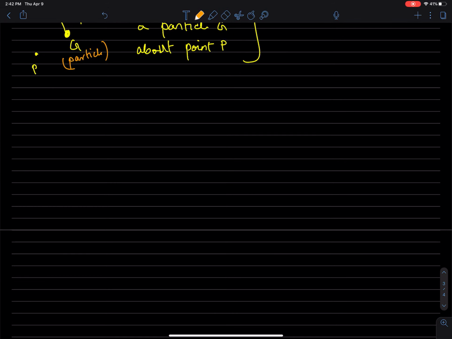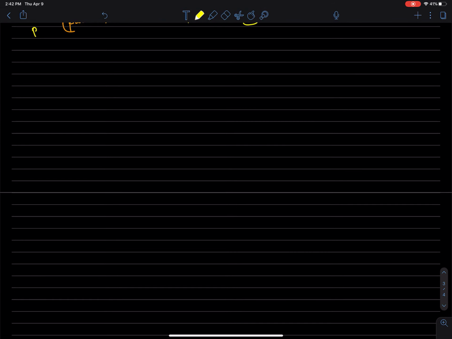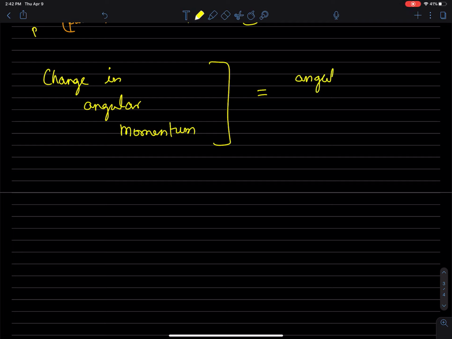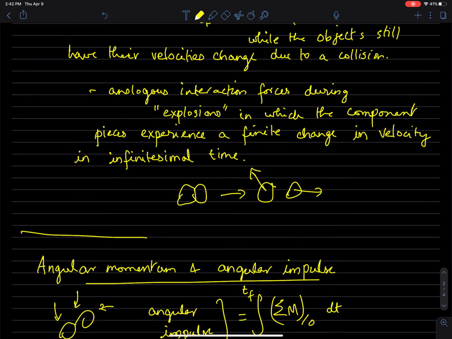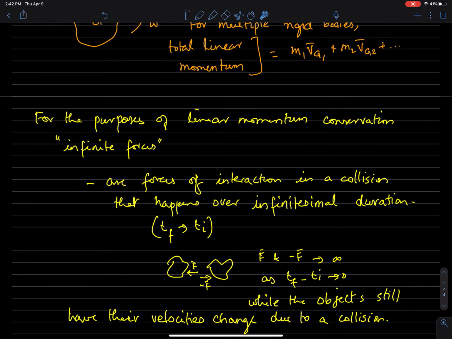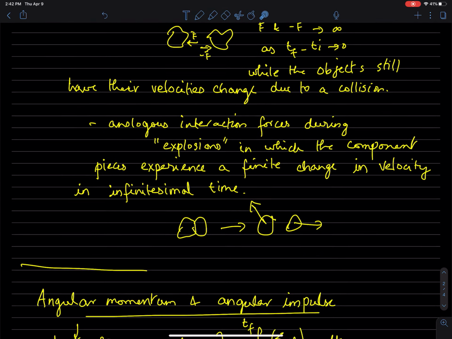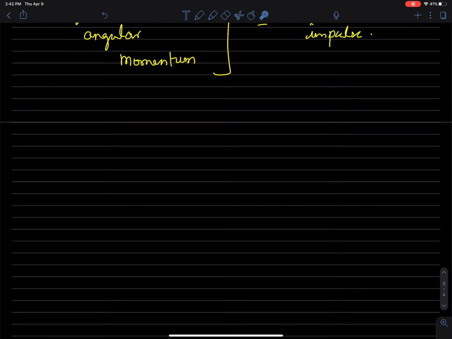And then the main equation, how to use all this, is change in angular momentum of a whole system equals angular impulse. Then exactly under similar conditions to linear momentum, you can have angular impulse go to 0 under a variety of conditions.